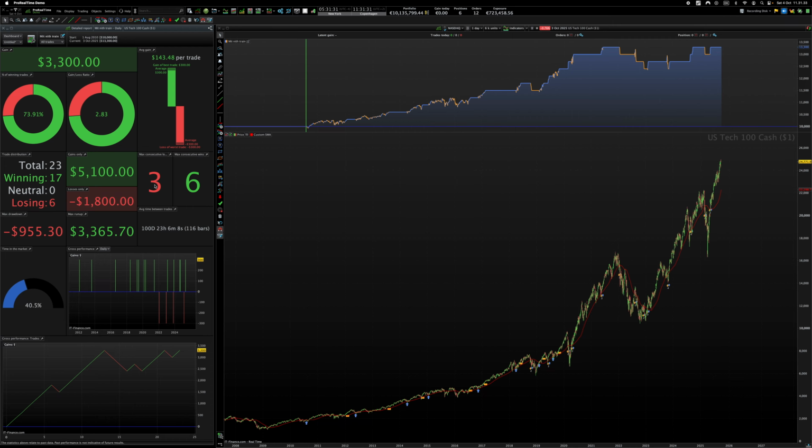So we have 3 losing trades in a row, which is quite good to know upfront in order to see future trading. What is our drawdown when we're going to go into money management? We have a 143.48 per trade.